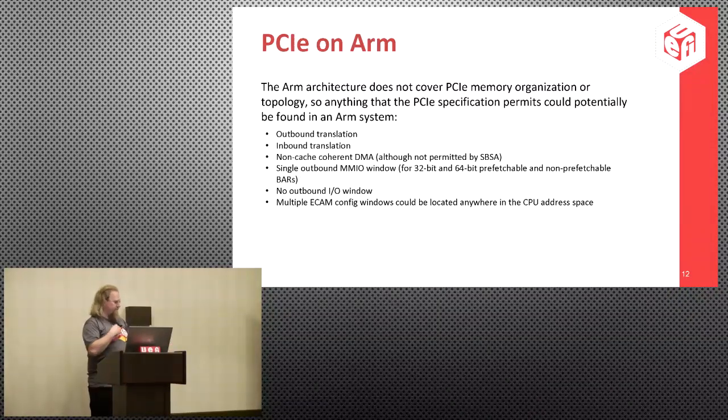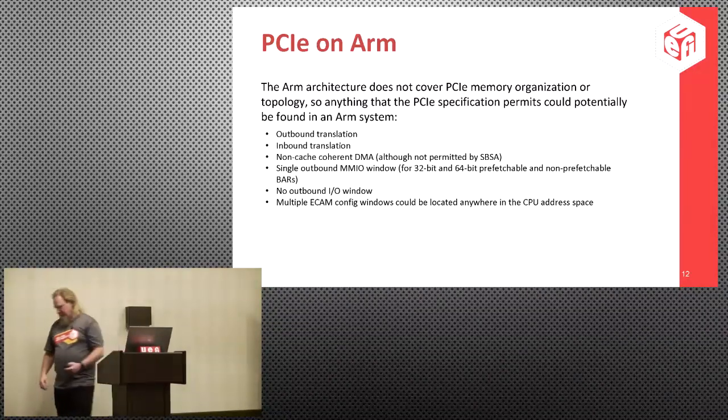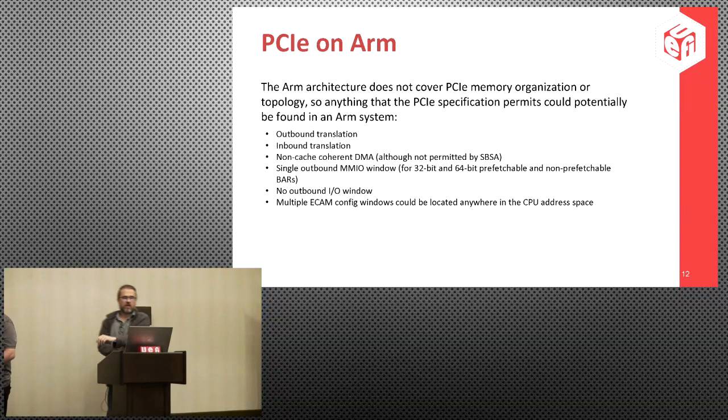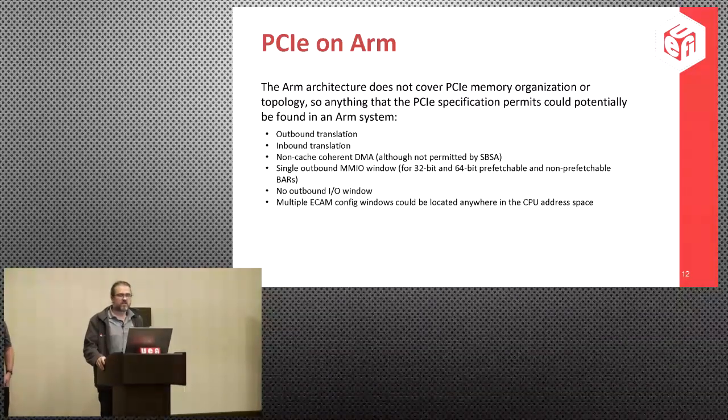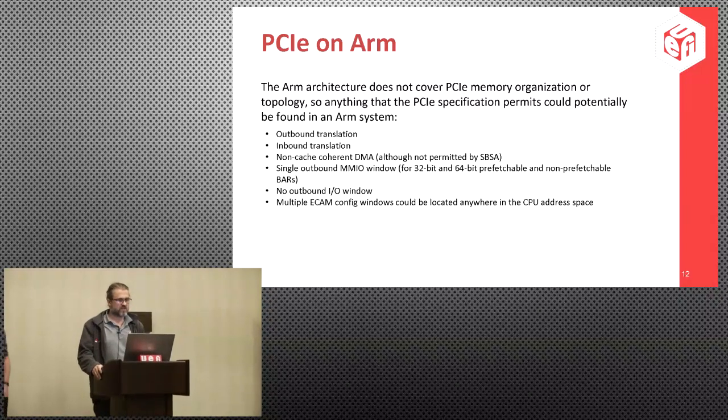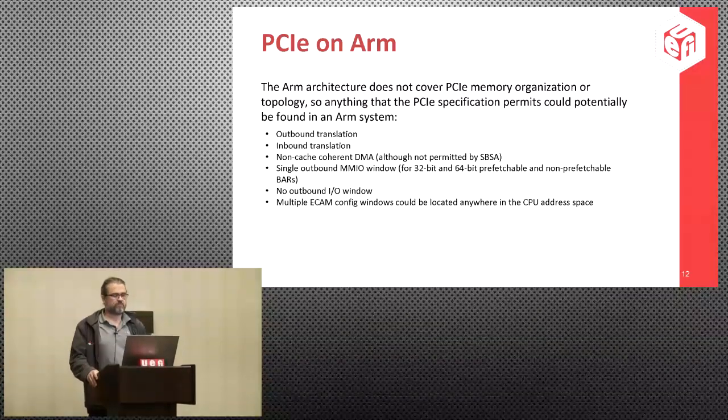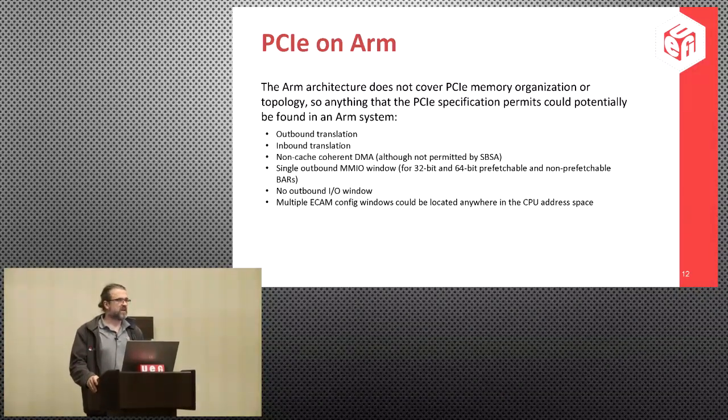Art. Yeah, so this is basically the reason I'm here, to test PCI third-party drivers on ARM systems. Basically, the PCI spec is much more permissive in how you organize the topology compared to what we actually see in PCs.